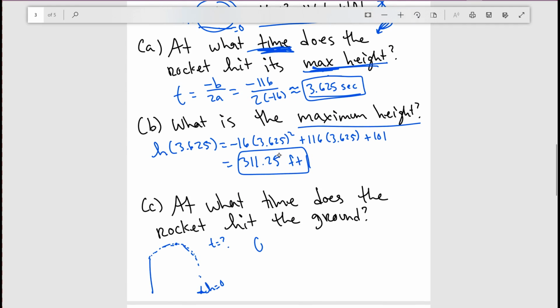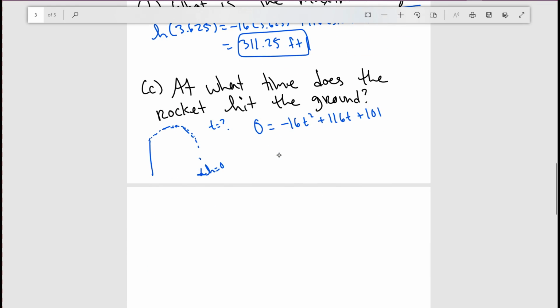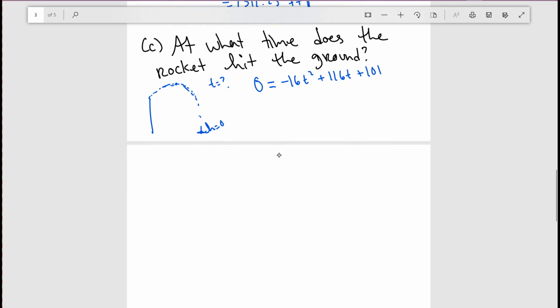So all we're going to do is set this height equal to 0 and then solve for time. So you're going to get 0 is equal to negative 16t squared plus 116t plus 101. You're just setting it equal to 0, and you're trying to figure out when exactly that time happens. Let's just use the quadratic formula. So x equals negative b plus or minus the square root of b squared minus 4ac, all over 2a.